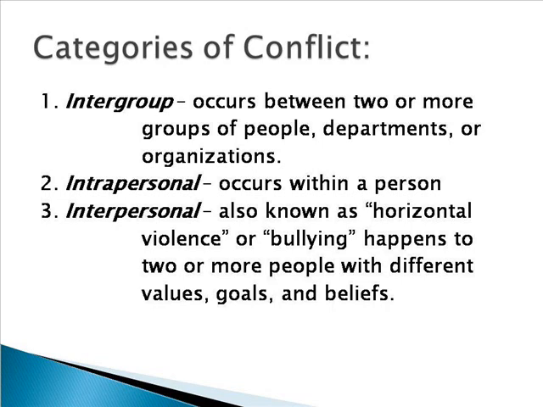Categories of conflict: intergroup occurs between two or more groups of people, departments, or organizations. Intrapersonal occurs within a person. Interpersonal, also known as horizontal violence or bullying, happens between two or more people with different values, goals, and beliefs.